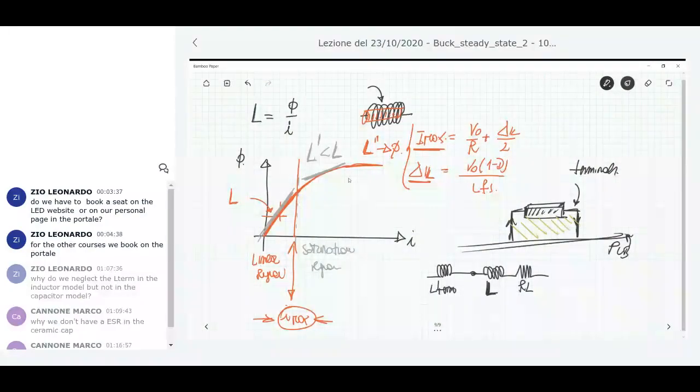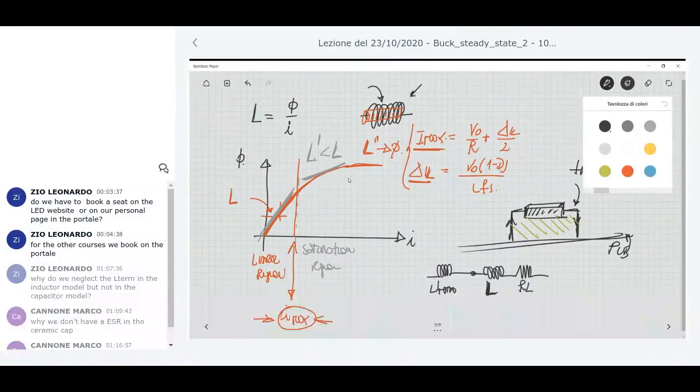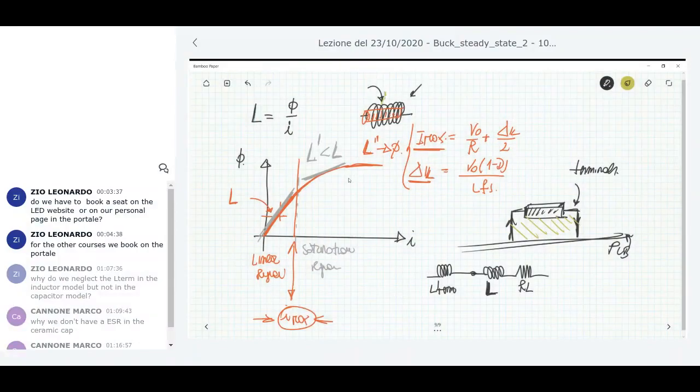Then you have several loops, one adjacent to the other, so you have some parasitic capacitance between each loop and the successive one. You also have another capacitance due to the presence of the terminals. These are two metallic parts separated by a dielectric, which is the air, for example. So you can also have a parasitic capacitance here, again connecting this way.